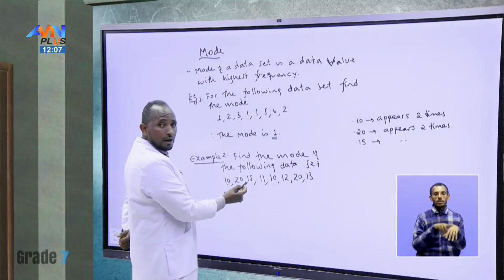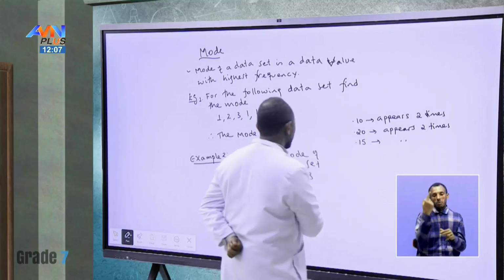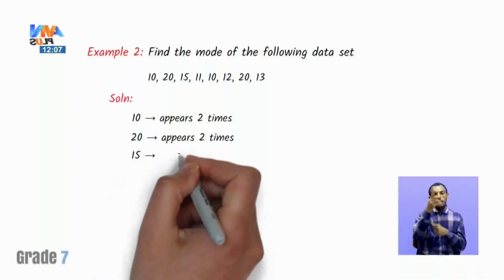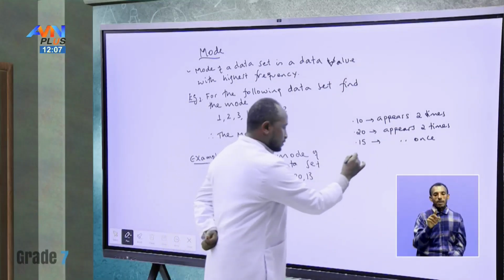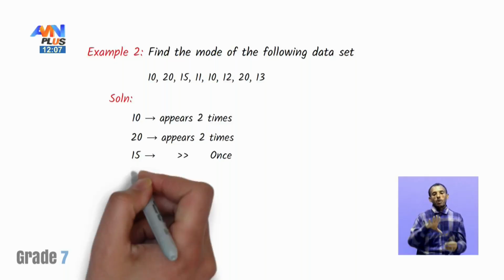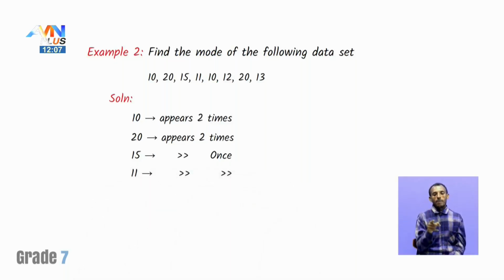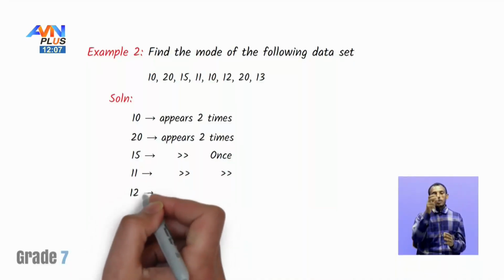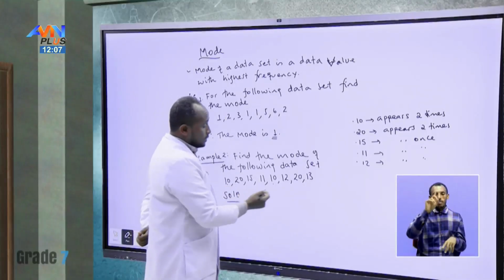We have only one 15, there is no other 15. So 15 appears once. Okay, 11 also appears once. We have only one 11. We have written 10 and 20 there. Let's see 12. 12 appears how many times? 12 also appears once. Okay, 13.